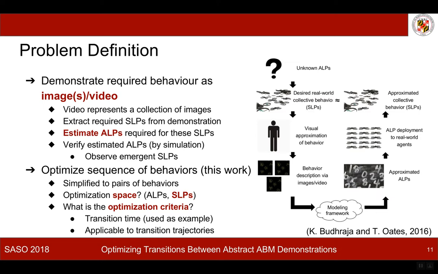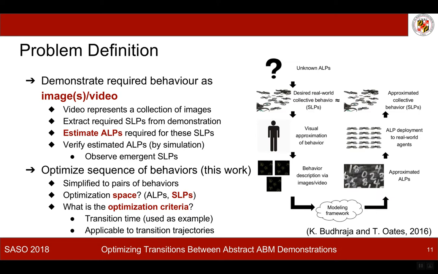This work focused on optimizing a sequence of behaviors. We simplified this sequence to a pair of behaviors because any number of pairs could be combined in sequence and optimized as individual subproblems. We opted to optimize in the SLP space for our specific problem, though this could be applied to a number of different spaces as desired.